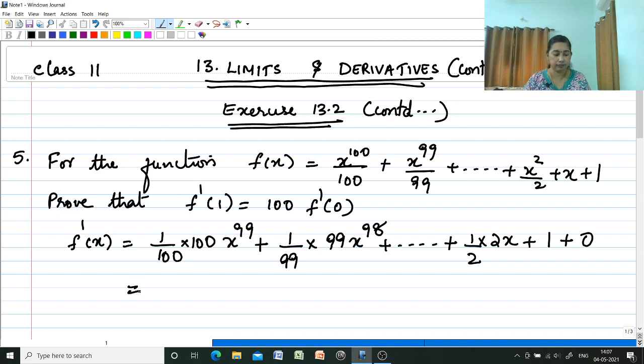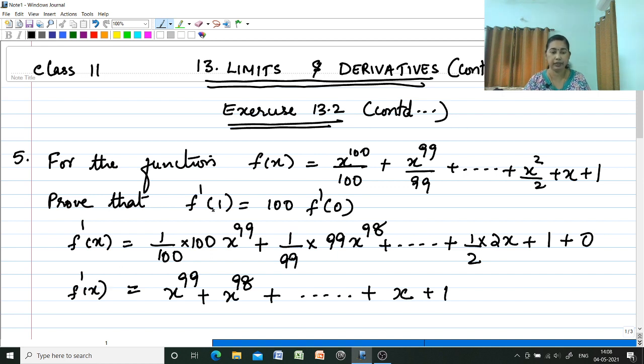Then here 100 getting cancelled, remaining we are getting x raised to 99 plus x raised to 98 because 99 gets cancelled, plus etc. plus 2 getting cancelled, we are getting x plus 1. So that is f dash x.